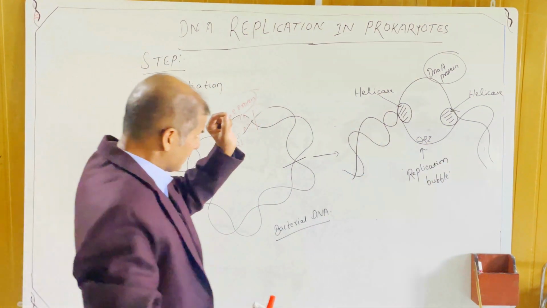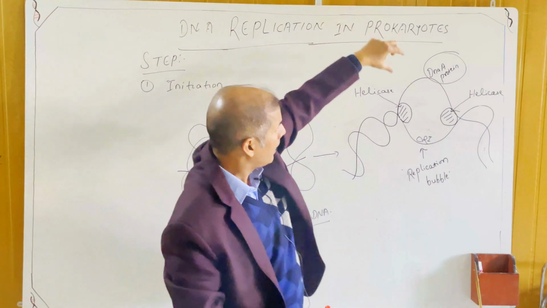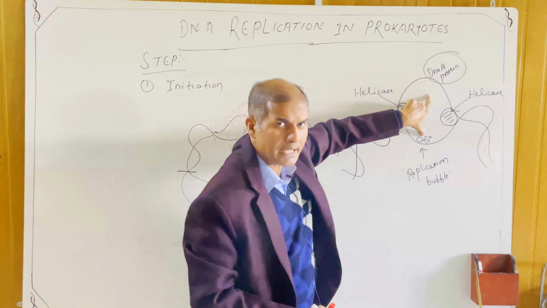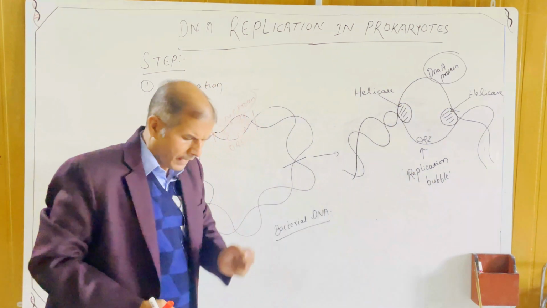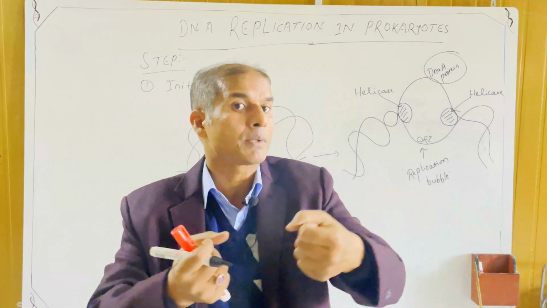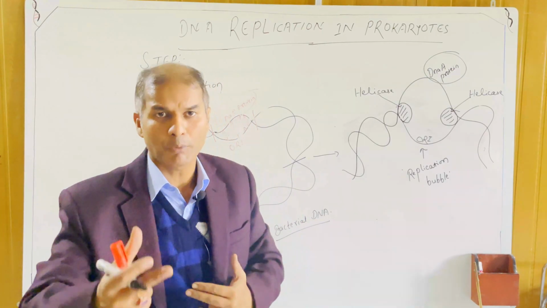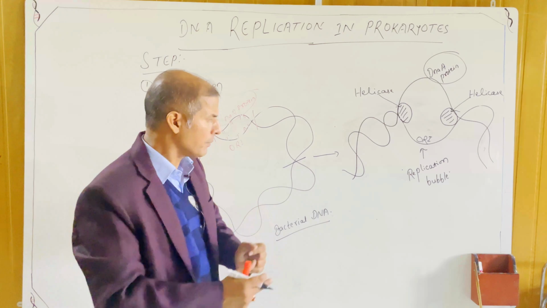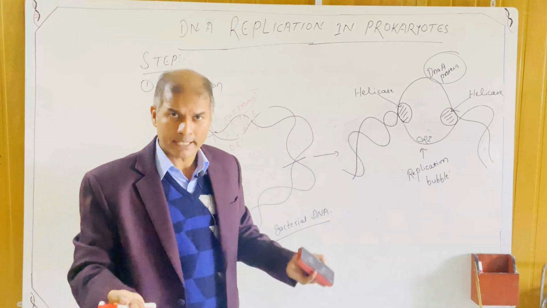Due to the action of helicase enzyme, double-stranded DNA gets converted to single-stranded form. When single strands are formed in larger proportion, they may undergo re-annealing, which means rewinding of DNA strands.